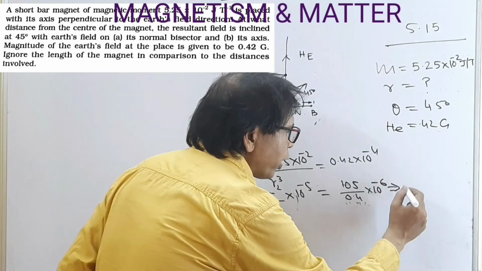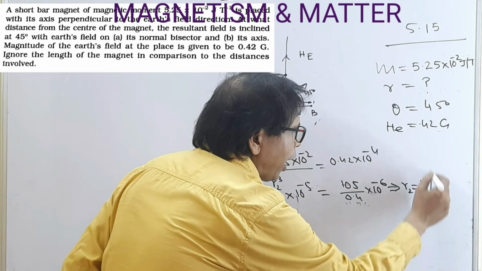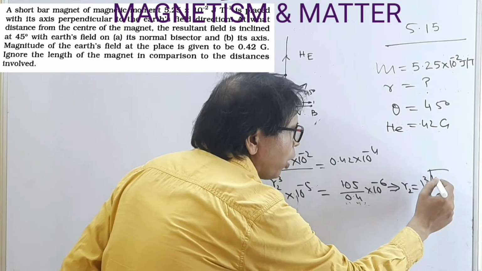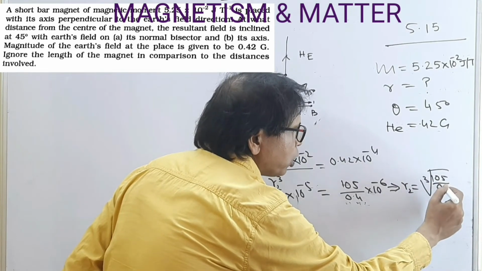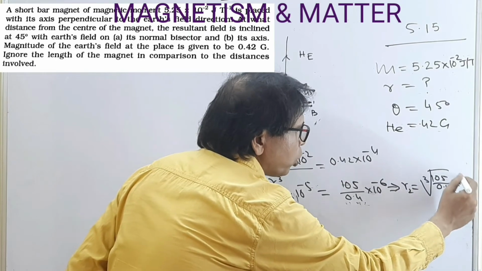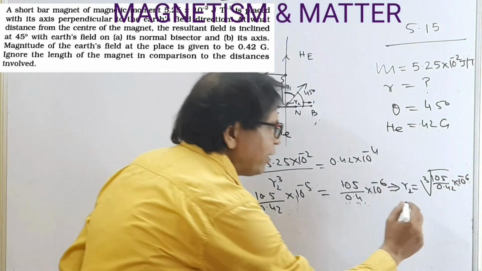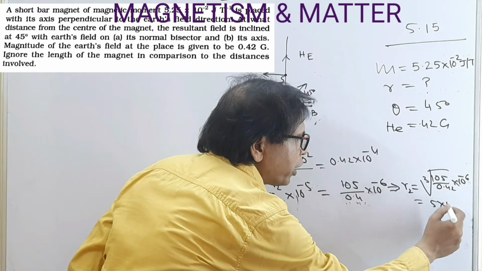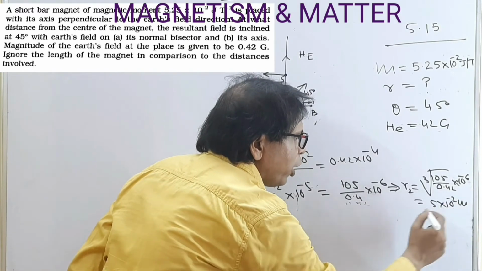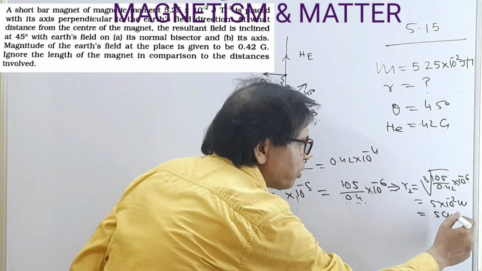Now R2 equals the third root of 105 divided by 0.42 into 10 to the power minus 6. Okay, and this is 5 into 10 to the power minus 2 meter, so this is 5 centimeter.